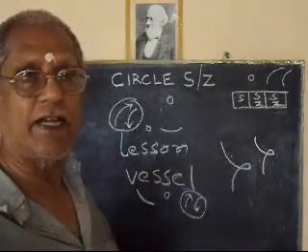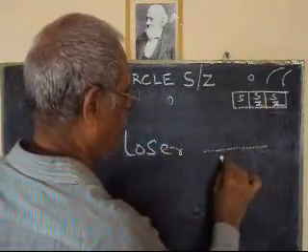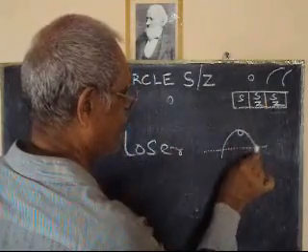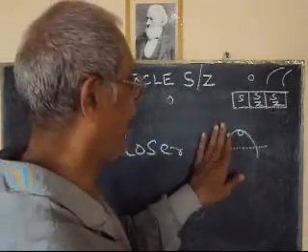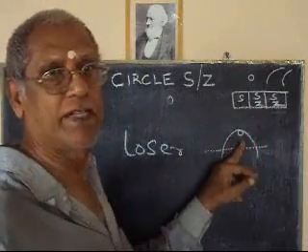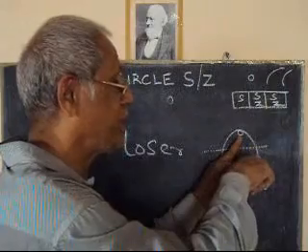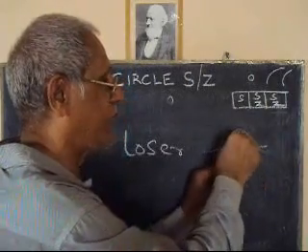Curve and circle. Loser. You see? L. After L, circle. L followed by a circle which is attached to a curve. Loser.